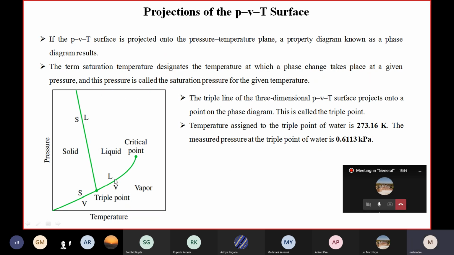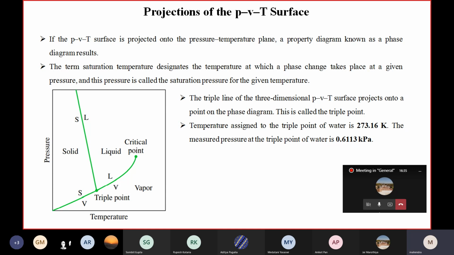Apart from the critical point, there is another point, the triple point, which we mentioned in our previous class. Here it goes solid to liquid, liquid to vapor, when you maintain constant pressure while supplying heat. Suppose you take ice at atmospheric pressure, at a temperature below 0, say -5 or -10, depending on how far you cooled it.